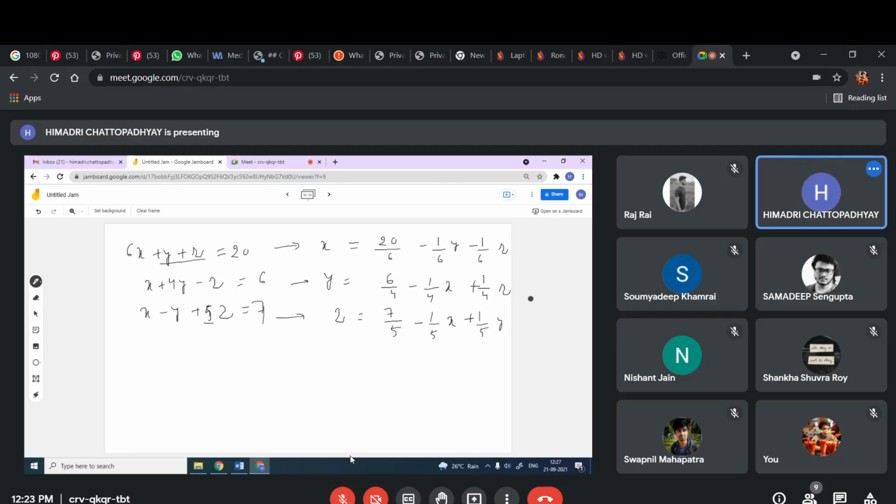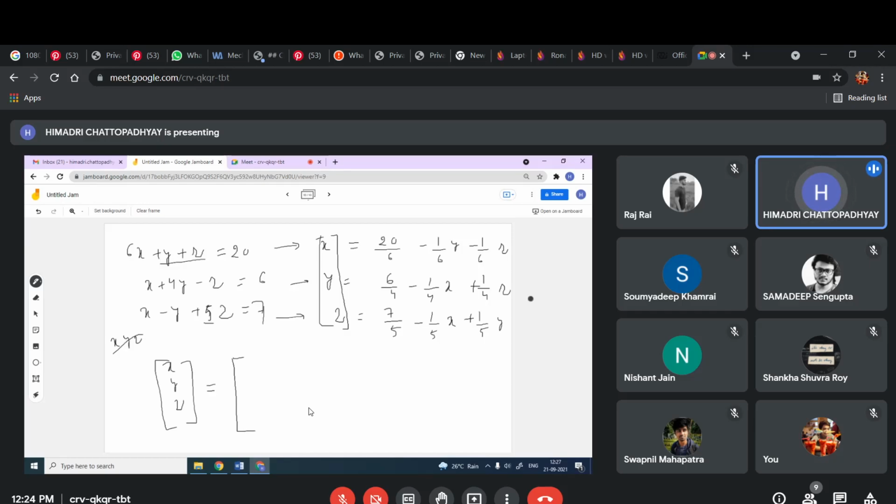But actually, a particular value of xyz satisfies this. In the iterative method, I can say that this is a matrix, and this is another matrix: x, y, z is again here.